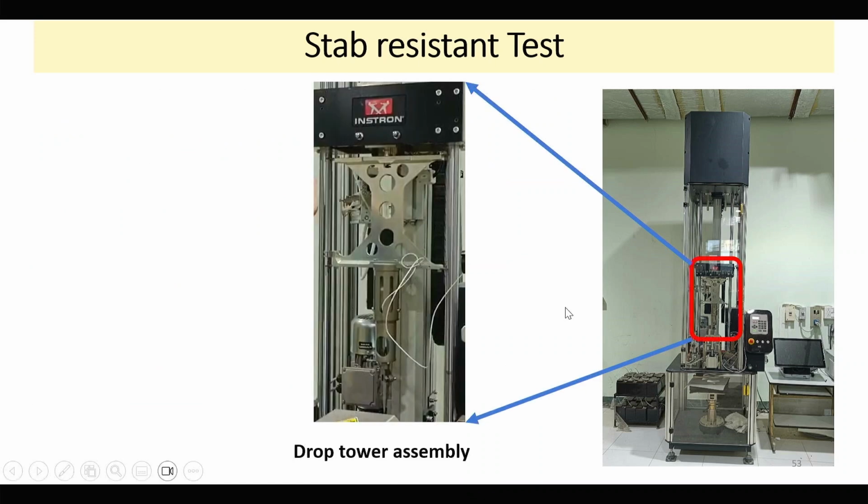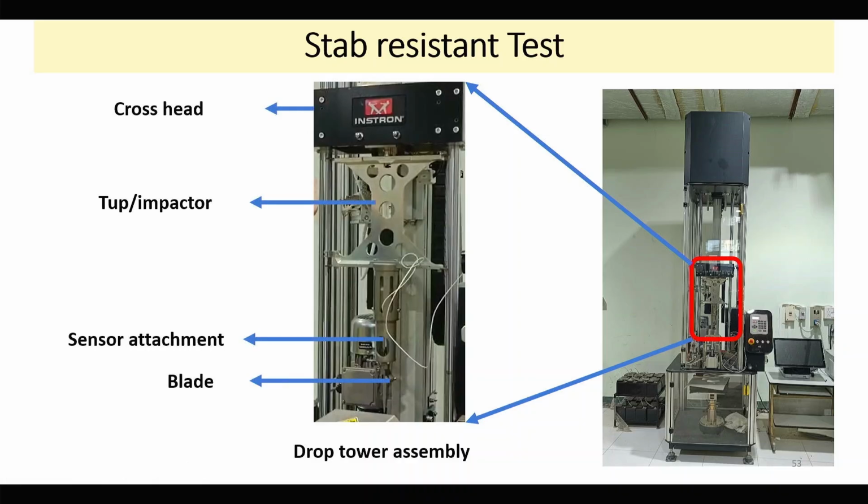Now, the stab resistance test: this is a drop tower assembly. This one is a crosshead impactor, and here is a sensor attachment, and at the edge it is a blade attachment.